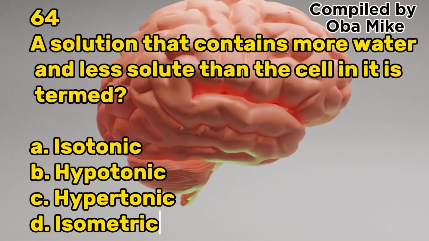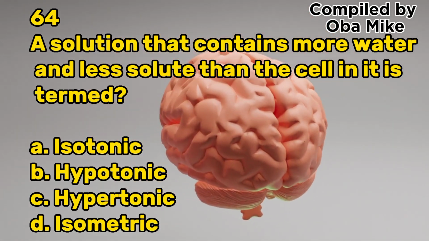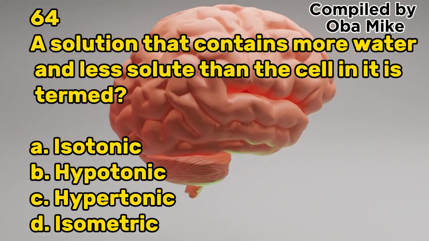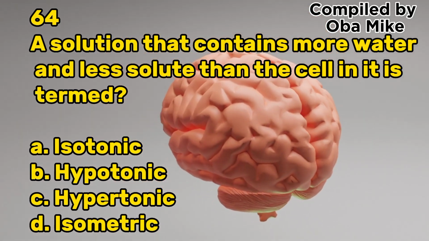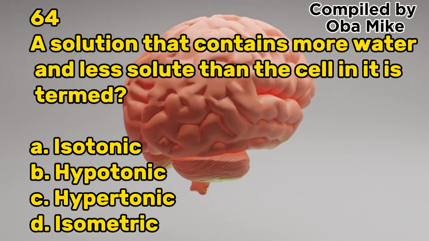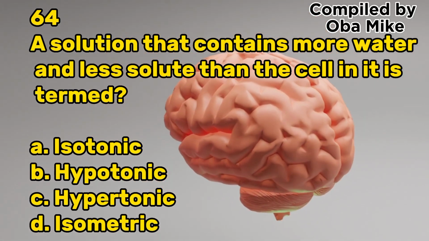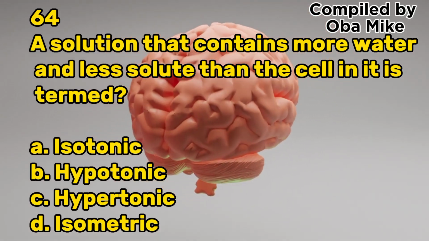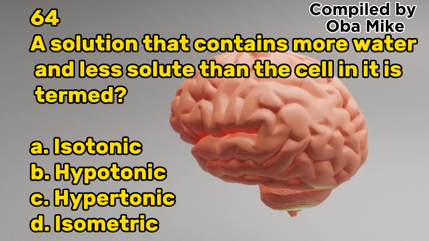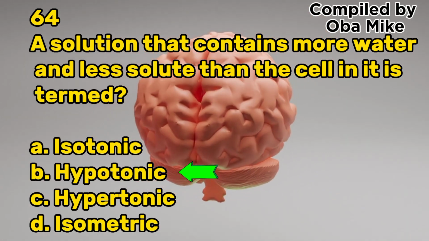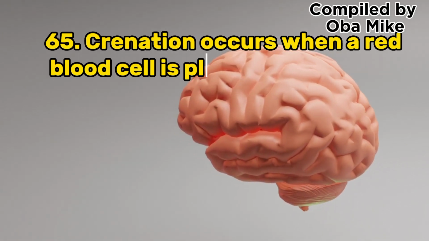64. A solution that contains more water and less solute than the cell in it is termed A. Isotonic, B. Hypertonic, C. Hypotonic, D. Isometric. 65.